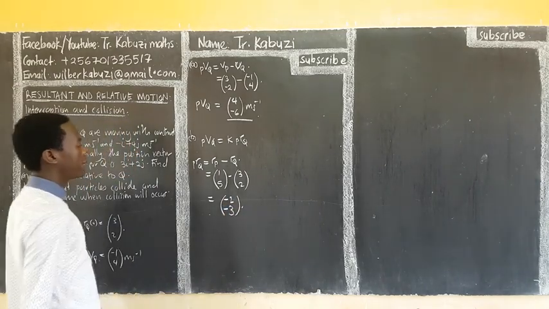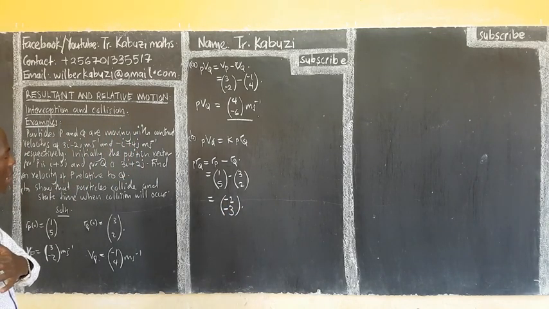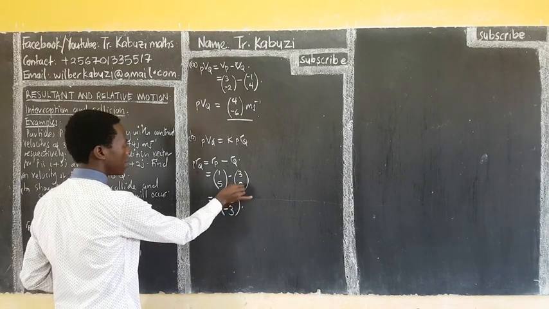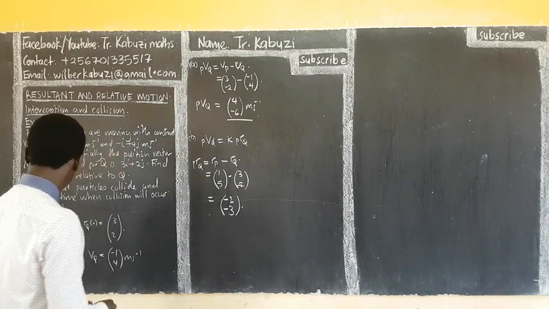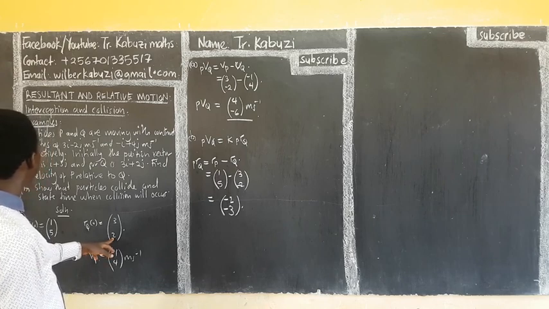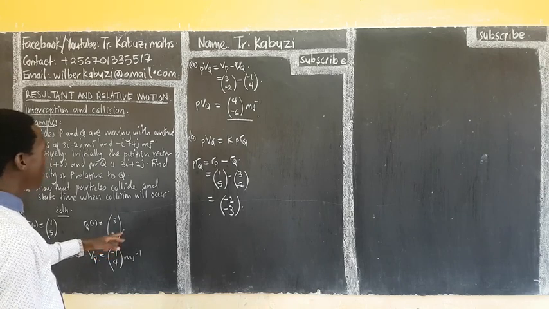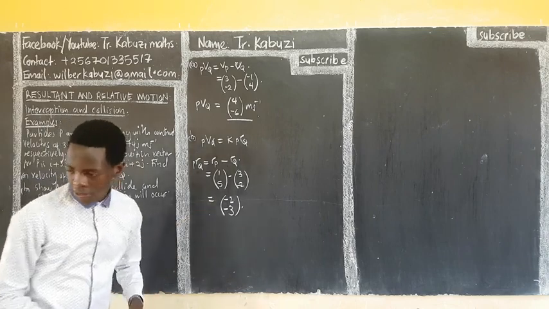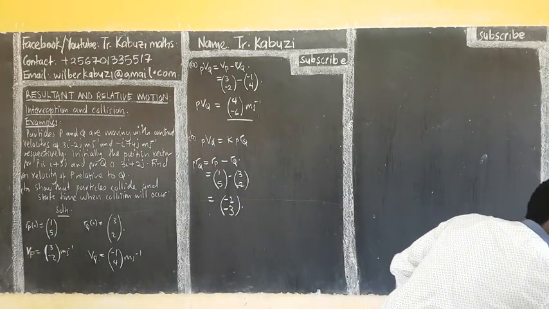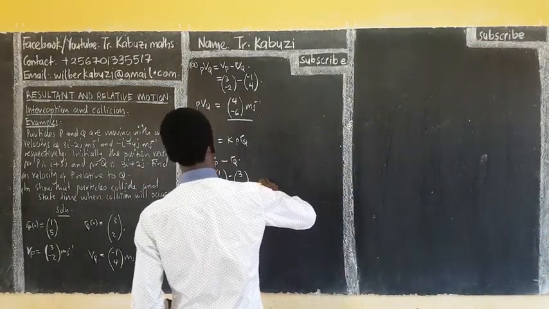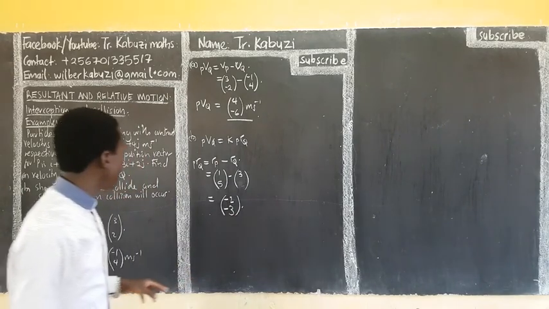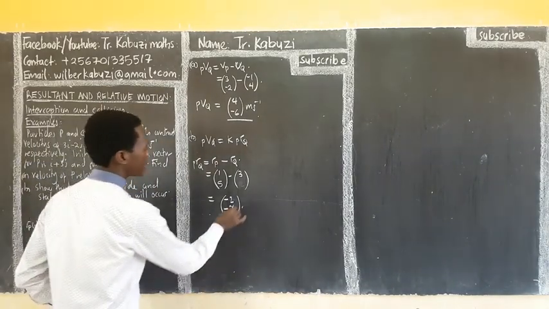Sorry, I need to correct that. Our Q is 3, 2.